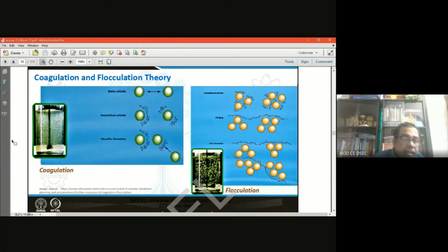First we see the particles, the repulsive force, keeping them at a distance apart. After that, the destabilization of the colloids takes place and they come too close to each other due to rapid mixing and flocculation. They form flocks and settle down, as you have seen.